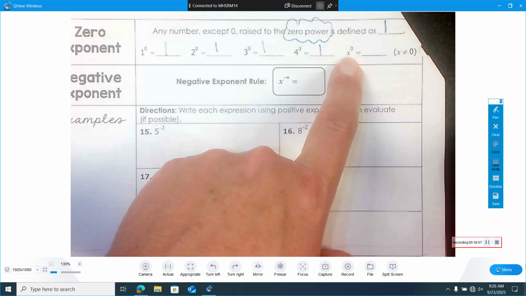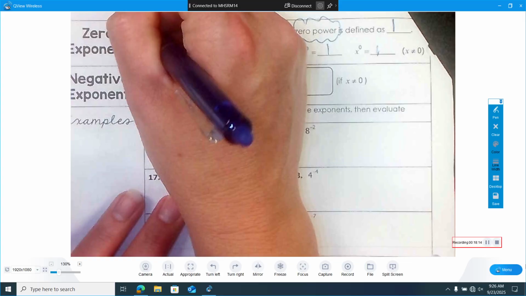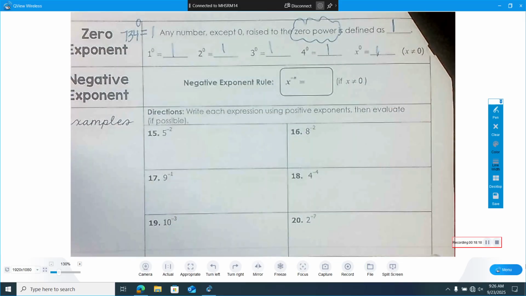Any number raised to a power of 0 equals 1. 734 to a power of 0 equals 1. It's just the rule.